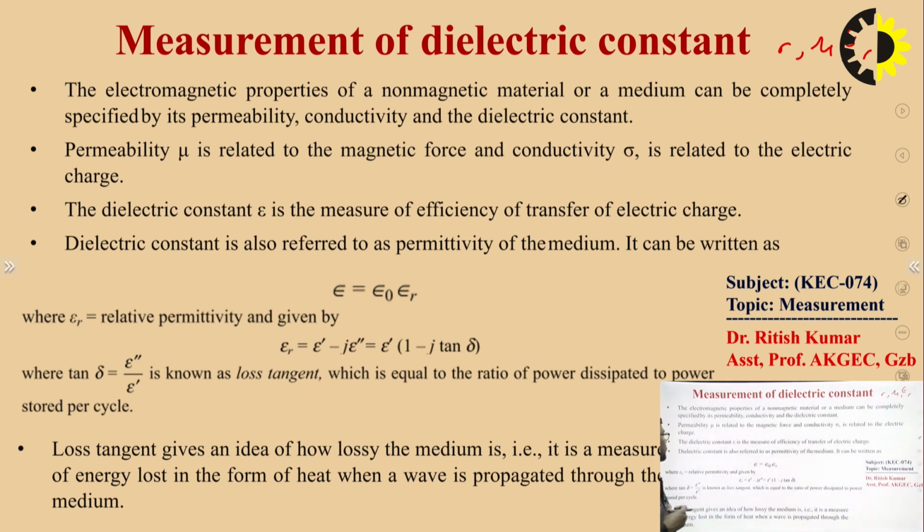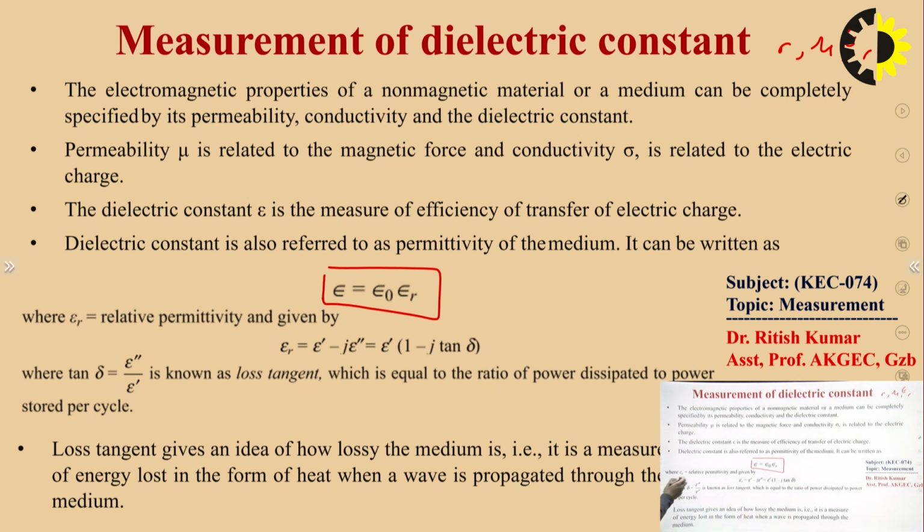You can see here, this is the permittivity formula. Epsilon is equal to epsilon naught times epsilon r, where the relative permittivity is defined. Relative permittivity is a complex quantity, defined as epsilon prime minus j epsilon double prime, where tan delta is the loss tangent.